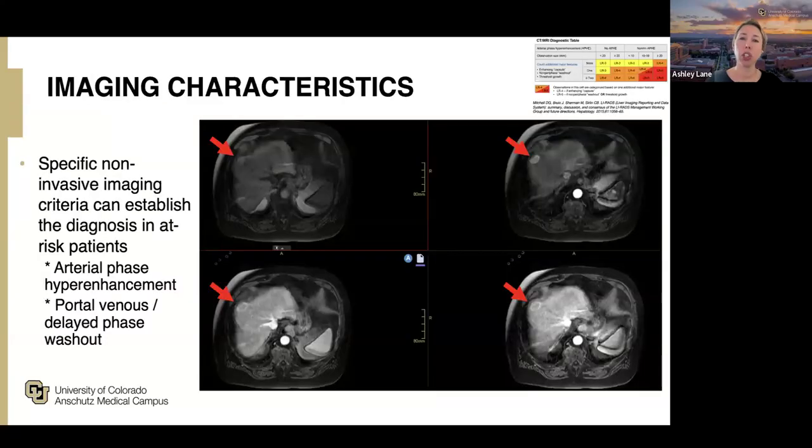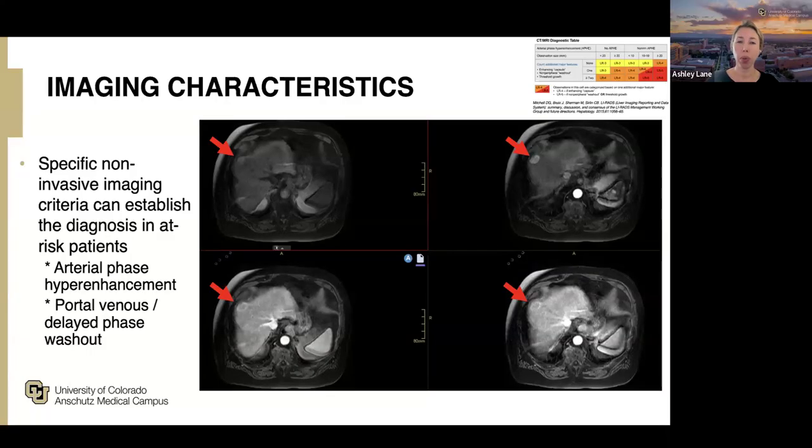Okay, so imaging characteristics of HCC, how we diagnose it non-invasively. It's pretty interesting. So we have pretty specific criteria to establish the diagnosis in those at-risk patients. So we know that HCC has characteristic features on imaging, which is how we can diagnose it on imaging.